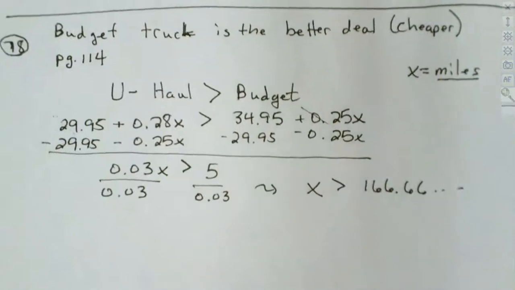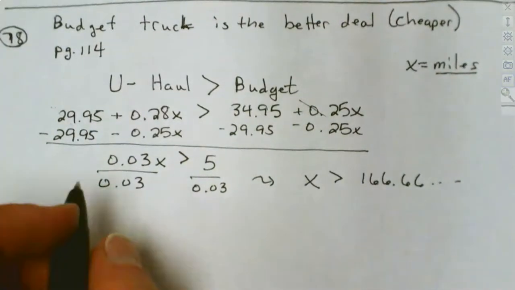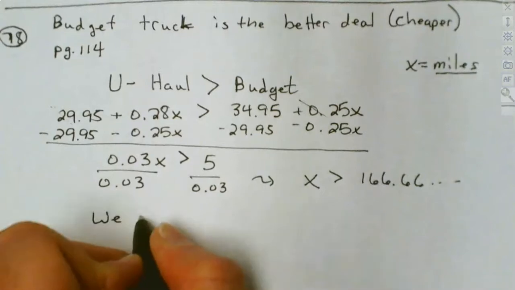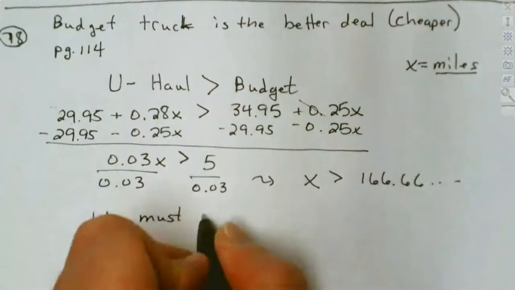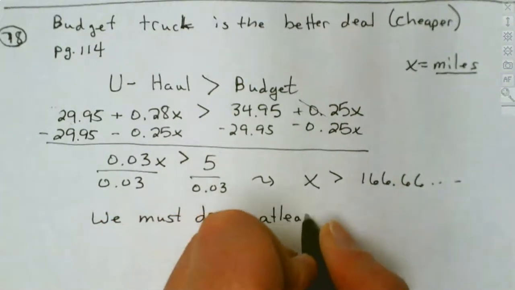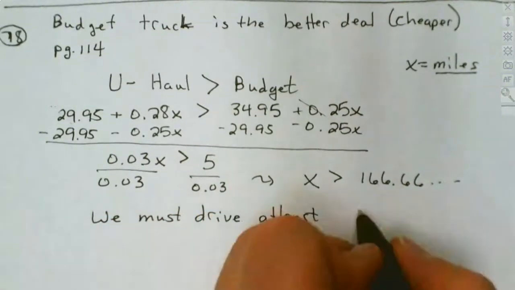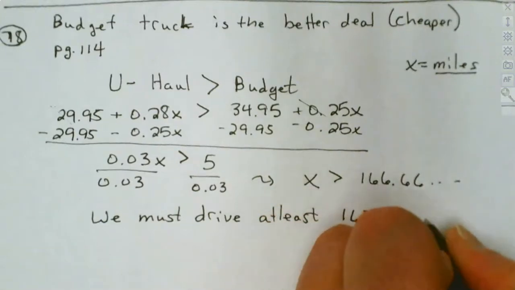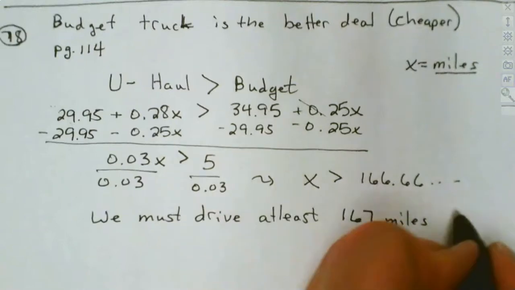And we want it to the nearest mile. So that means we must drive at least 167 miles to make the budget truck cheaper.